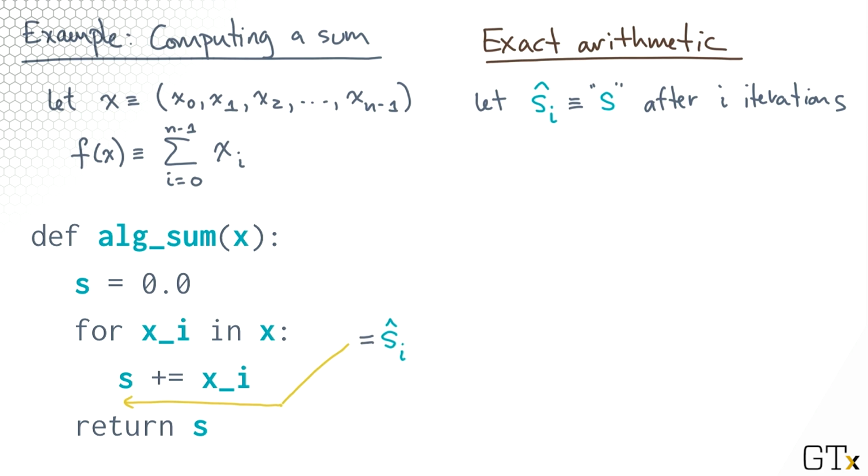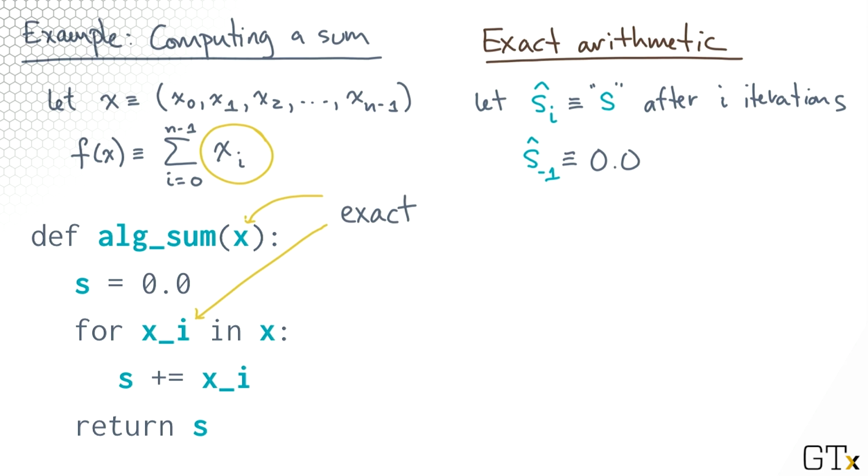That is, s hat sub i is the value of s immediately after the update to s occurs inside the for loop. For example, s hat sub 0 will be the result of the first addition. Now from this notation, it would also be natural to define s hat sub -1 to be the initial value of s, which is 0.